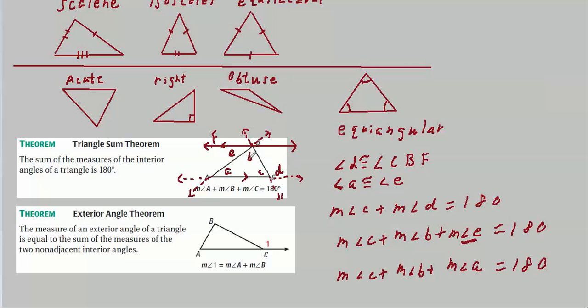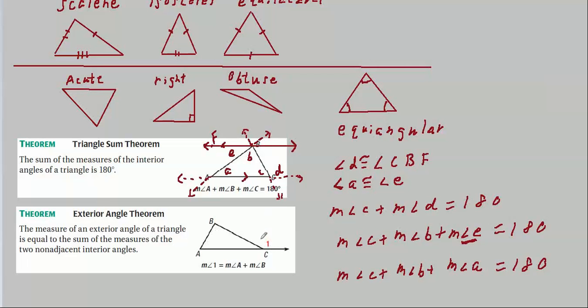We can use the measure of angle B because it's already part of the congruent angle CBF, and we can throw in A because it's congruent to E. So in the process of proving this, we actually proved this. That the sum of the measures of these two angles equals this exterior angle.